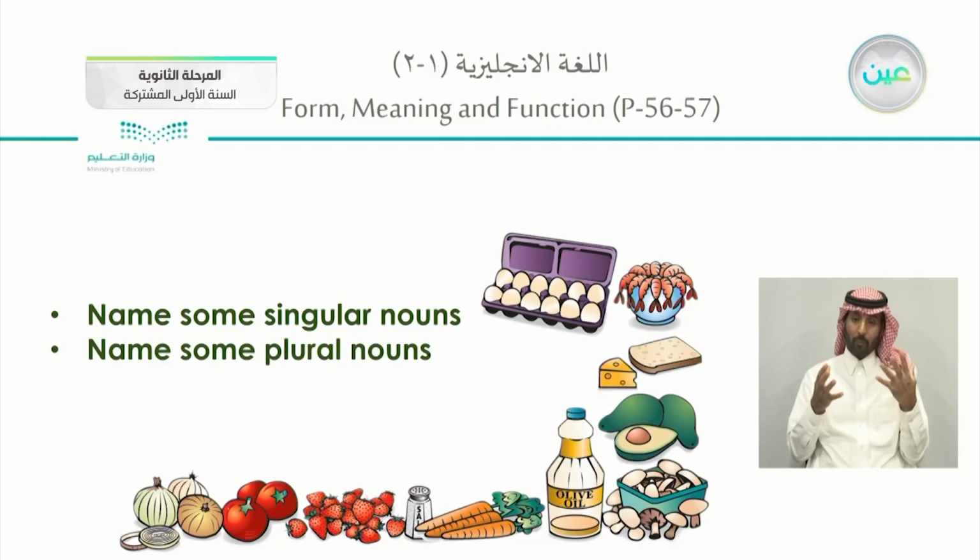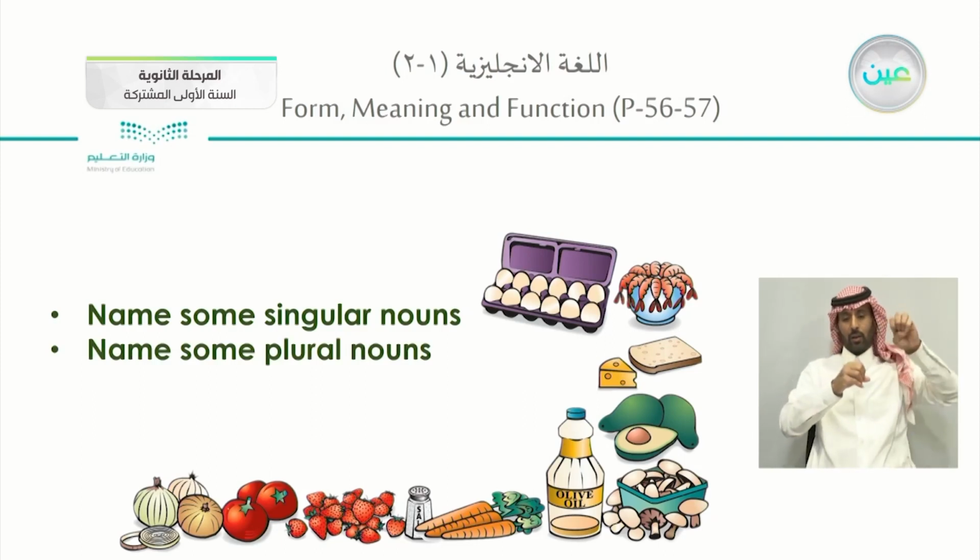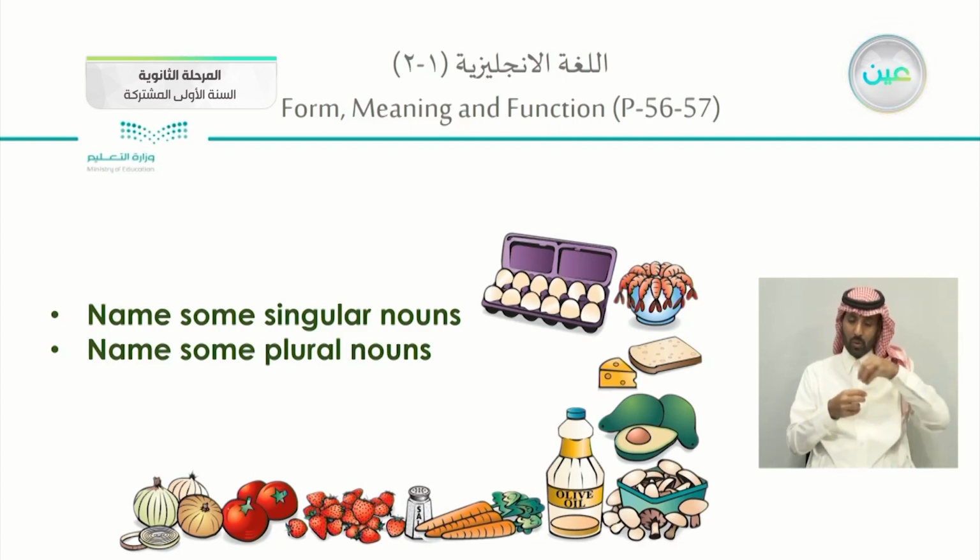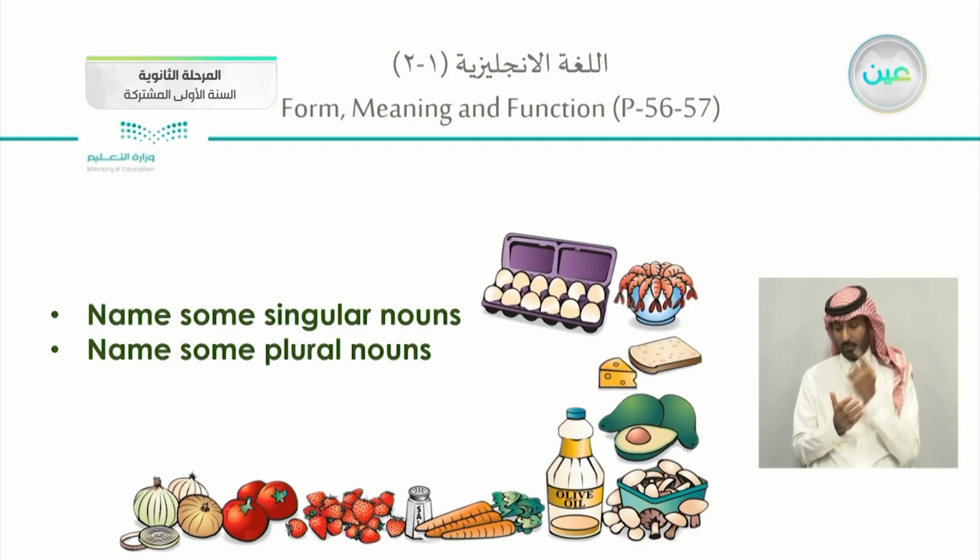Can you name some plural nouns? More than one. I can think about eggs. We're having here a set of eggs. We're having mushrooms, also carrots. I can think about strawberries, tomatoes, 3 tomatoes, and three onions.